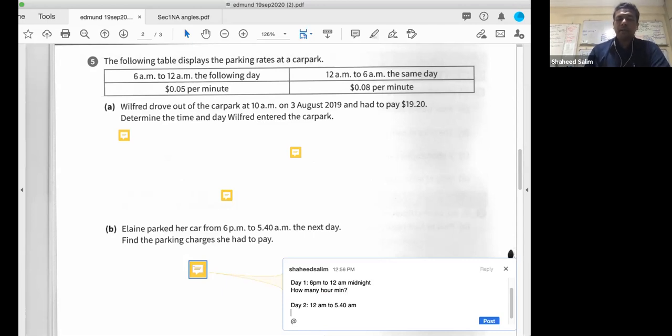Same thing for the next one. So how many hours and how many minutes from 6 p.m. to 12 midnight? Can you count?